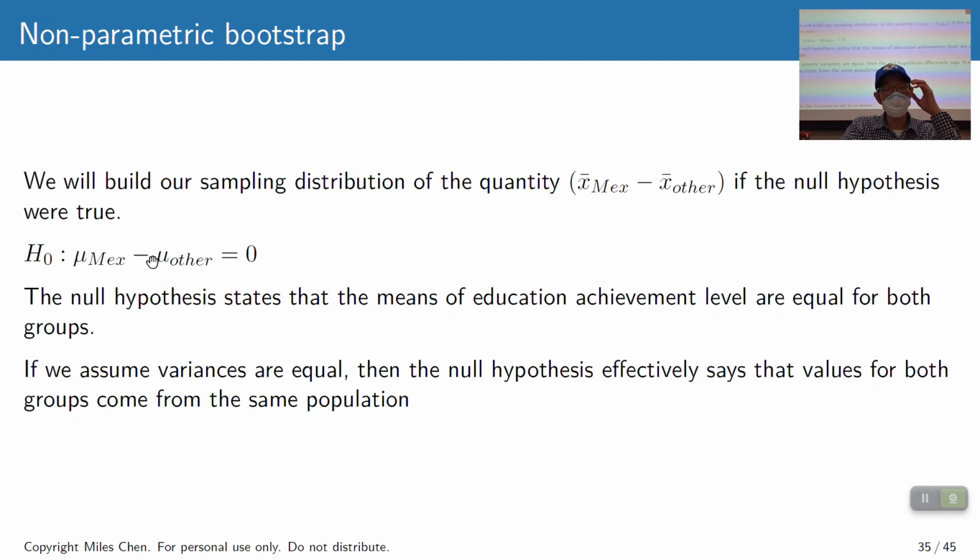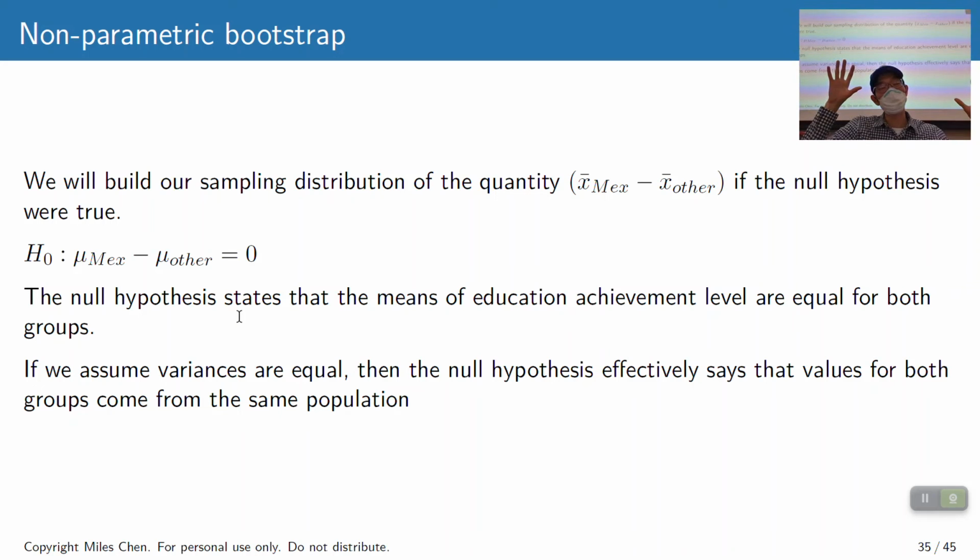Our null hypothesis says there's no difference, that it's centered at 0. And so if the null hypothesis were true, all of the values for education achievement levels will be coming from the same population.